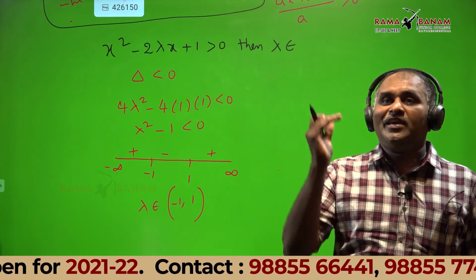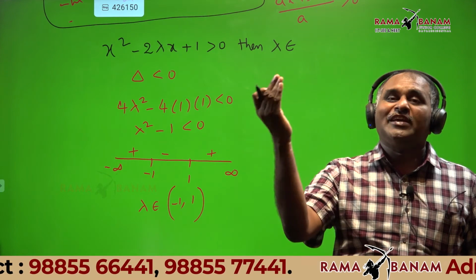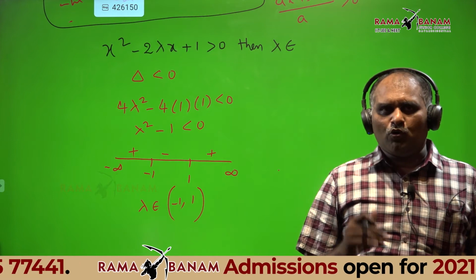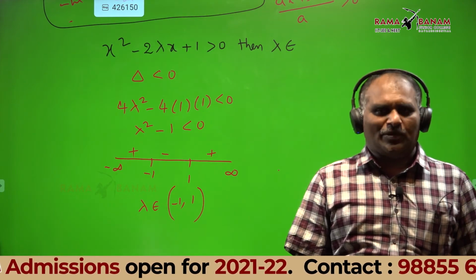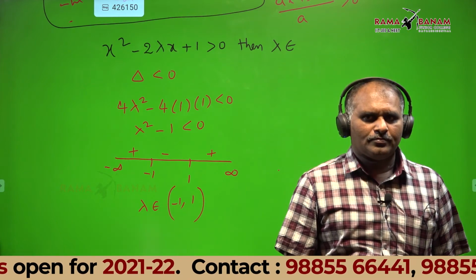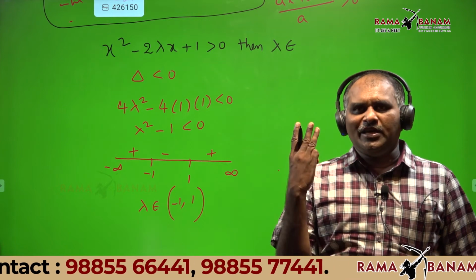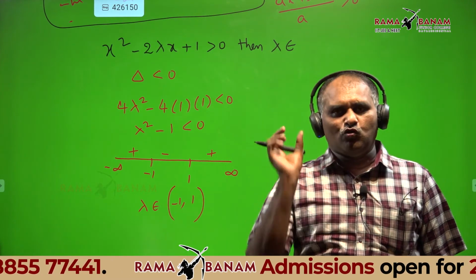If higher degree, cubic equation; here fourth degree equation. Cubic and fourth degree. Suppose a cubic equation: how many roots are possible? 3 roots are possible.